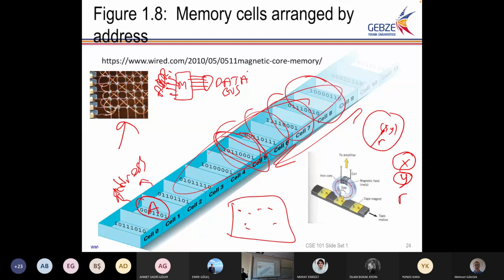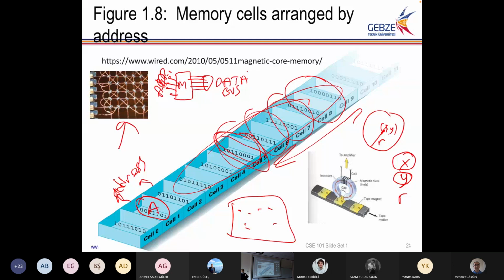For example, if you are interested in only a few colors, for example black or white, you can store black as 1, white as 0, or vice versa.